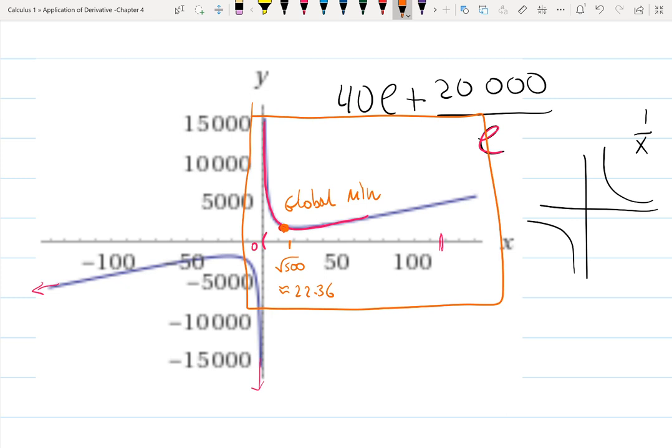I know L should not be 0, but for the maximum you have to solve for the maximum value of L. Well, I know it was decreasing before square root of 500, and then it's increasing forever, or until the next side of the domain. So it's kind of a waste of time to find those points. I just need to know that it's decreasing before and increasing after square root of 500, so it's indeed my global minimum on this restricted domain.